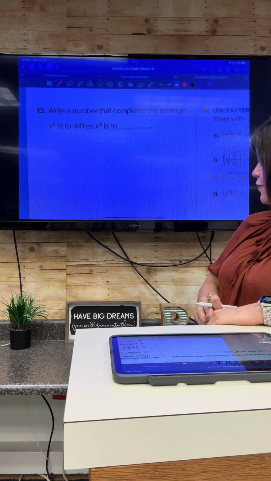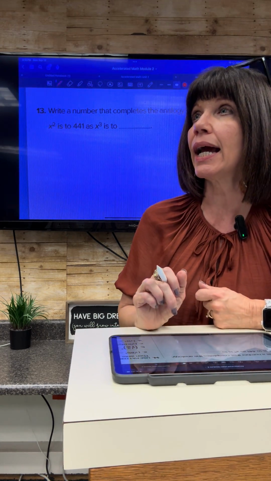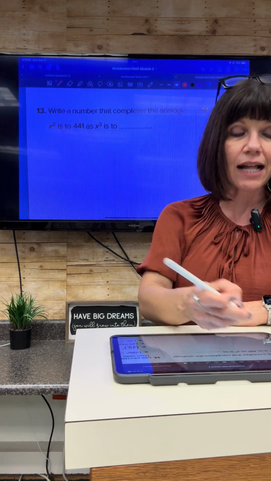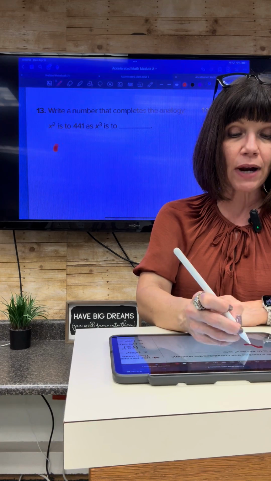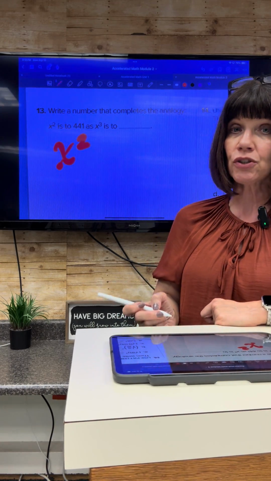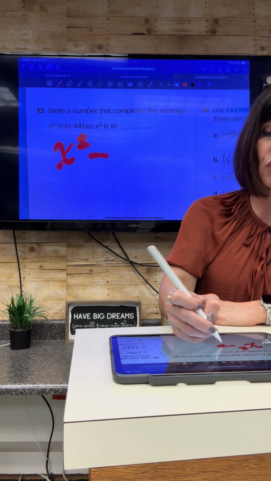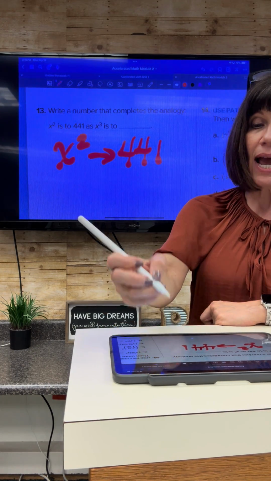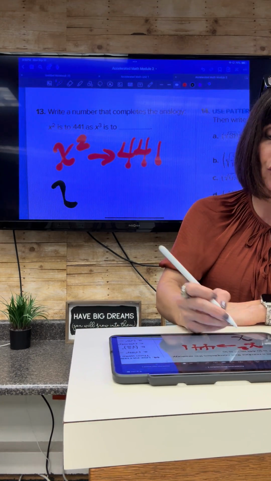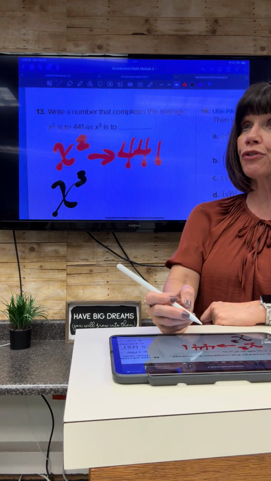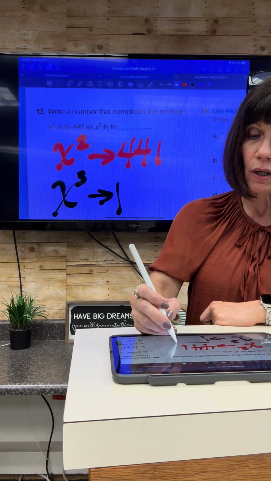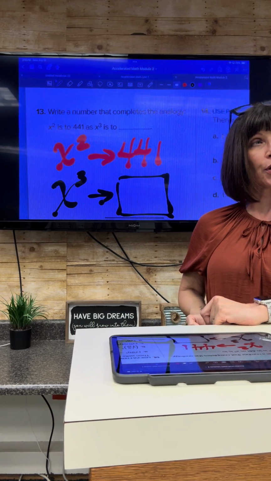All right, I also want to take you guys to look down here at item number 13. When you write a number that completes this analogy, and oh good, we have a few more minutes, write a number that completes the analogy on your paper right now. Please write x to the second power, x squared, is to 441 as x cubed, or x to the third power, is to unknown number.